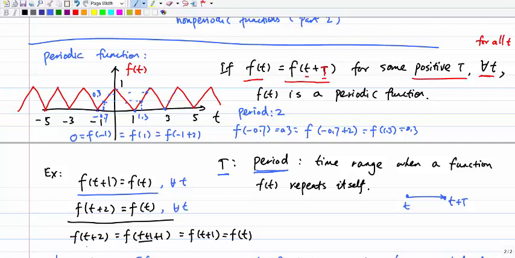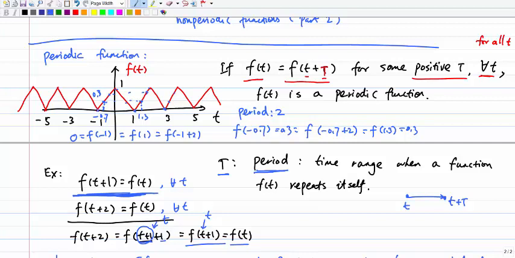The reason is, f(t + 2) is equal to f((t + 1) + 1). Because of the property I have, you consider t + 1 as a new t, so this is just f(t + 1). Again, you consider this as a t, so then you have f(t).